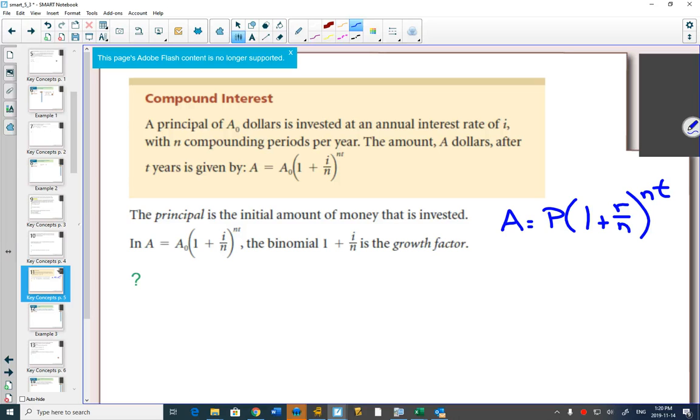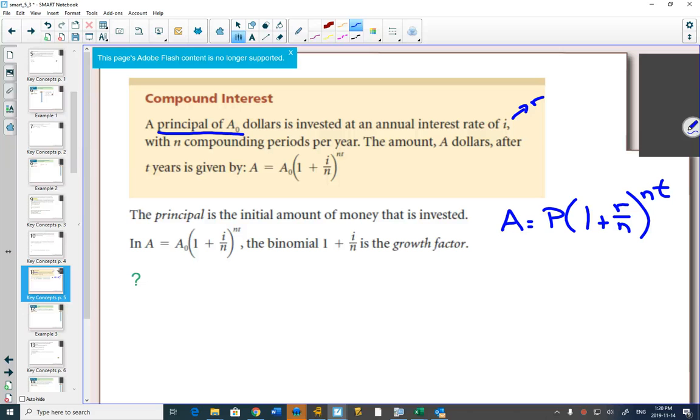And it's important to know what each of the things stand for. So principal, that's why sometimes it's the letter P, is the original amount. The interest rate, sometimes it's R, sometimes it's I. I for interest, R for rate, depending on which textbook you're using.